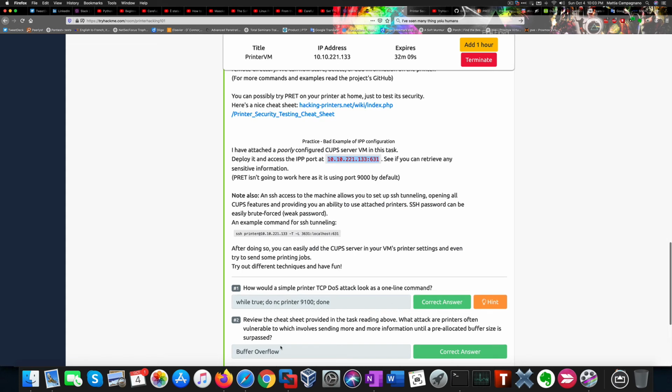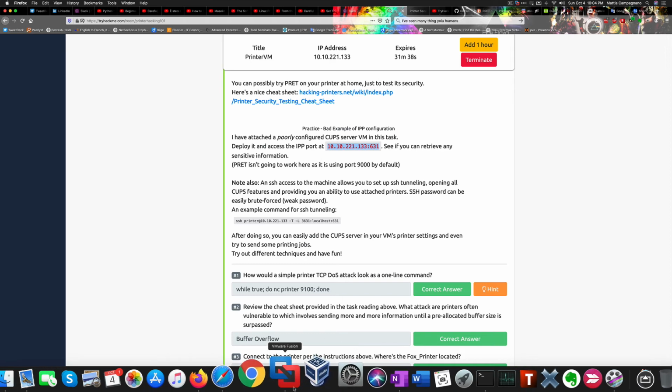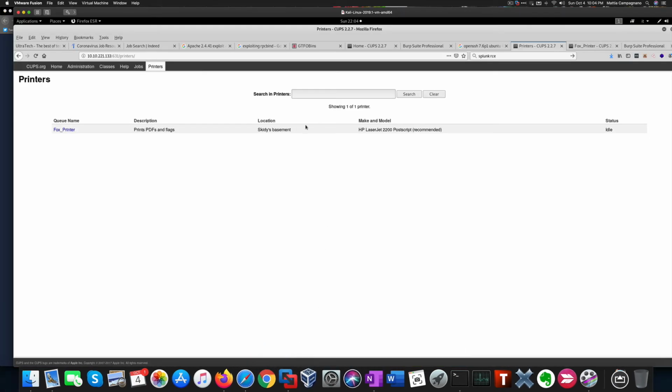The question right here is straightforward. We wouldn't even need to look it up in the cheat sheet because the concept is really clear. It's a buffer overflow. So once we connect to the server, we can know what the location for the Fax printer is. And in fact, if you have a look here, it tells you what it is under the location column.